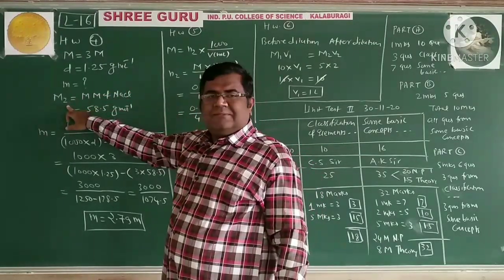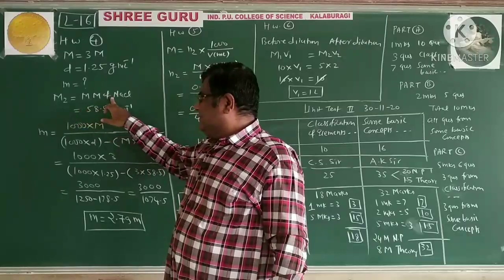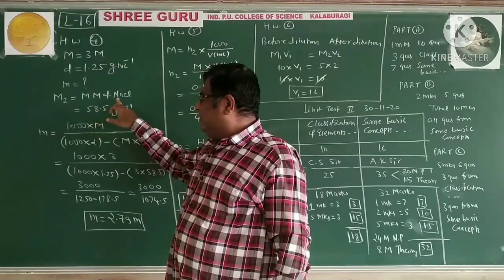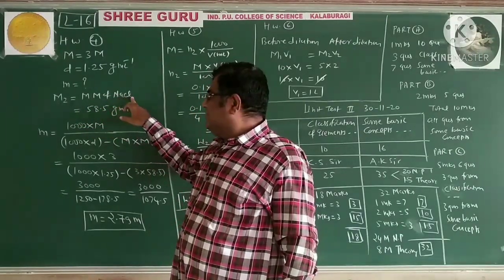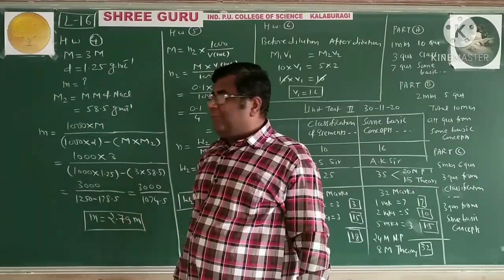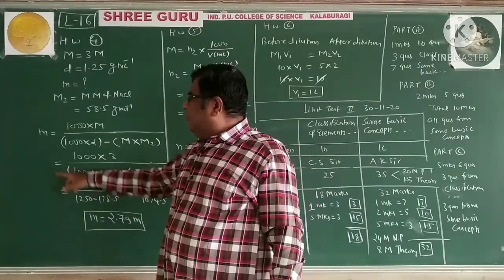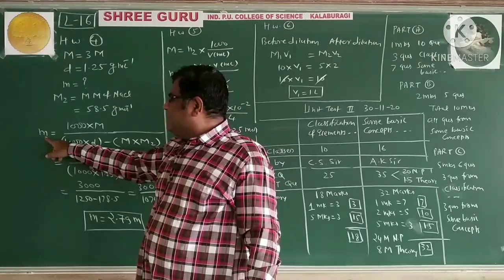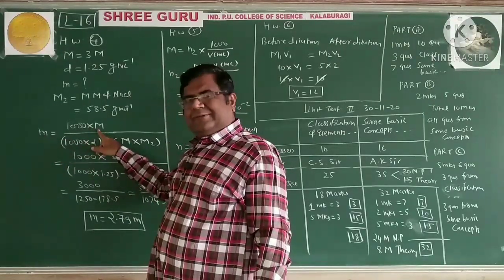Molar mass of NaCl is 58.5, sodium is 23, chlorine is 35.5, so together they make 58.5 gram per mole. We use this formula, the relation between molarity and molality.